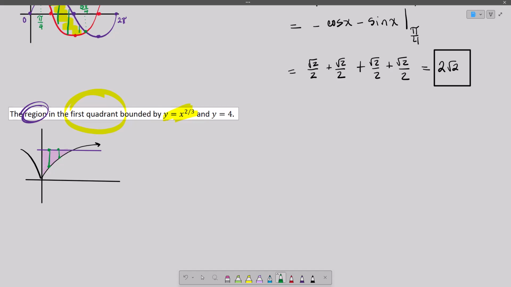Hoot and holler if you're stuck on any part of this. Yeah, yep. That is good. This is your upper curve. That is your lower curve. So this is the height of your rectangle, and that is the width of your rectangle. Yeah. Good.